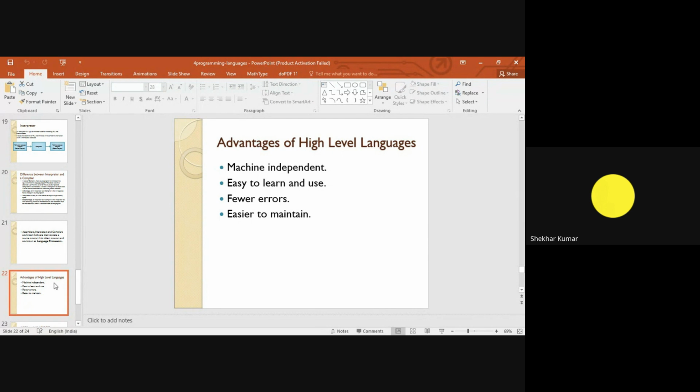And debugging is easier compared to all other languages. A programmer takes less time to write new programs. There are programming languages like Python and R which are very easy to learn, so it is very less time consuming to write new programs in a high-level language. It is also a portable language.